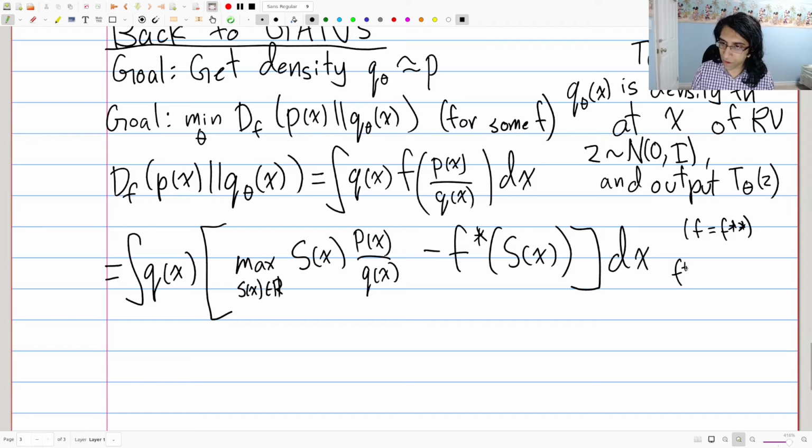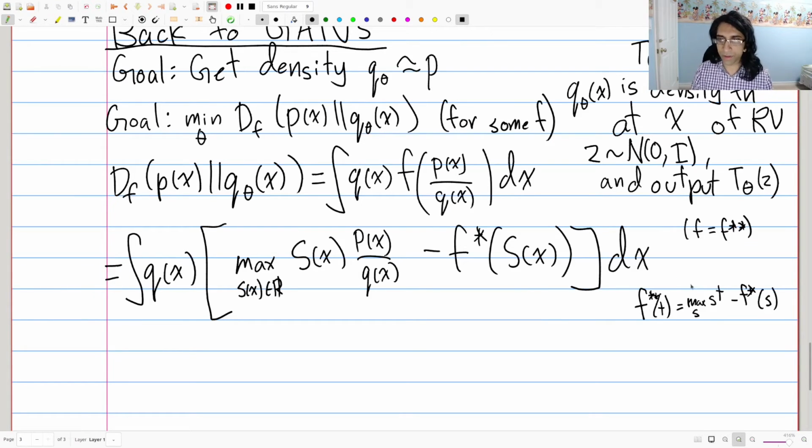As we discussed earlier, f star star of t is going to be equal to the max over s of s times t minus f star of s.